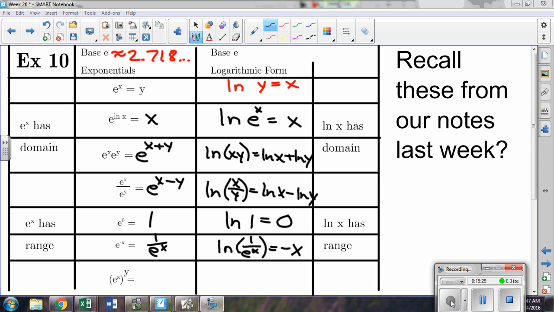And lastly, a power raised to a power had the rule for multiplying. Well, if we take the natural log of e to the x to the y power, it's simply equal to x times y.